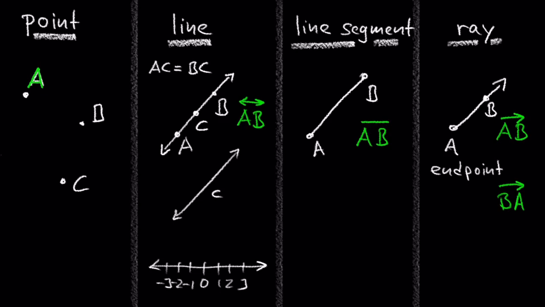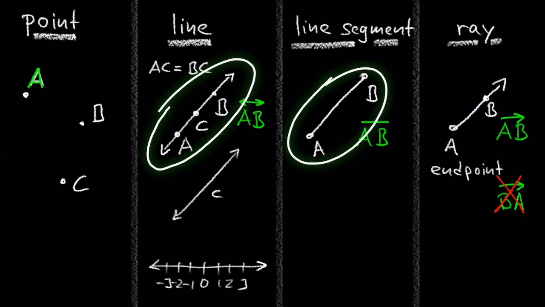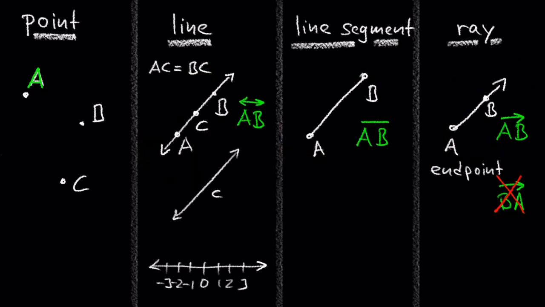Calling this the ray BA would be wrong. So a ray is basically a combination of a line and a line segment. Instead of writing ray AB, you can just write AB with a single arrow line over the top.